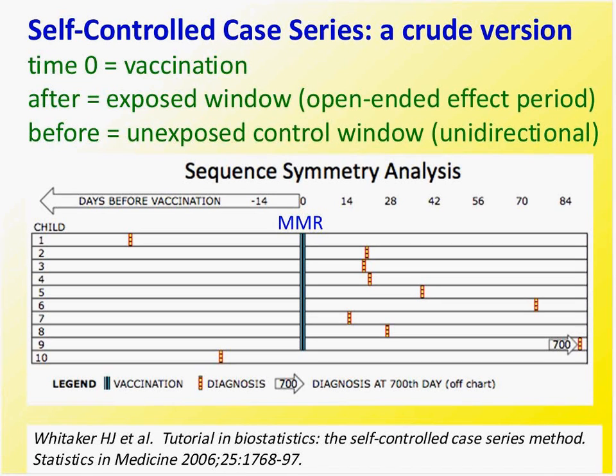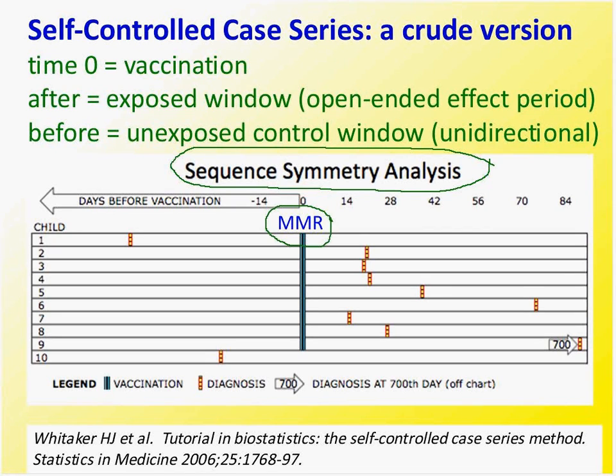The most crude type of self-controlled design is called the sequence symmetry analysis, and you pick one of the events.